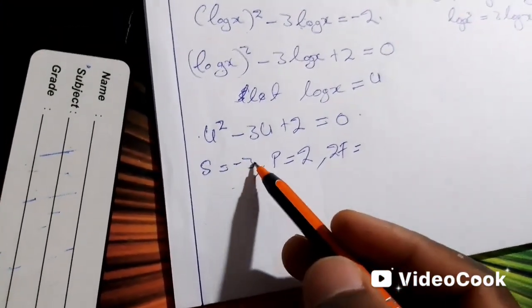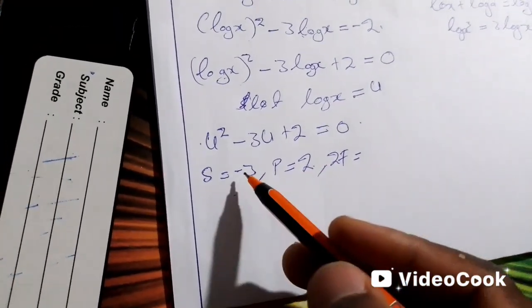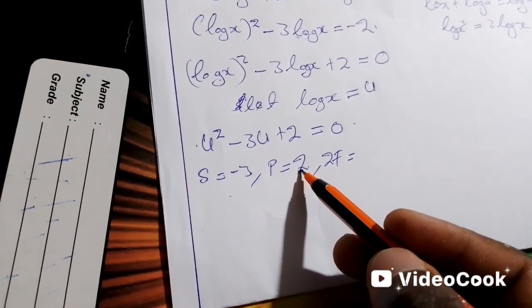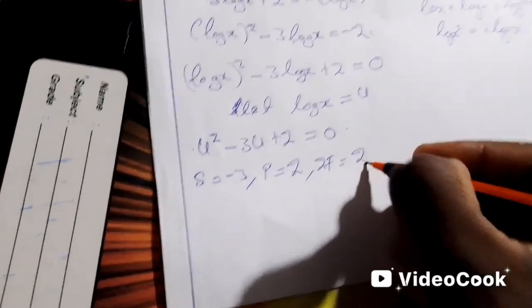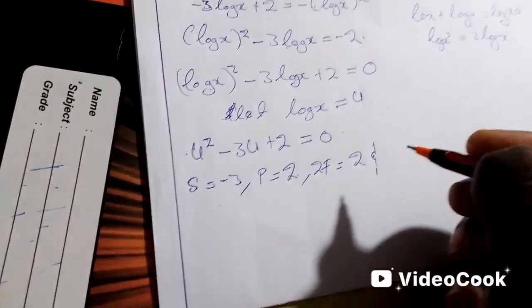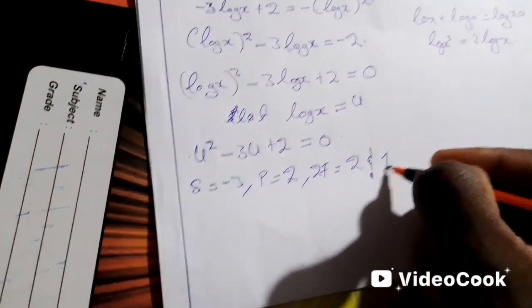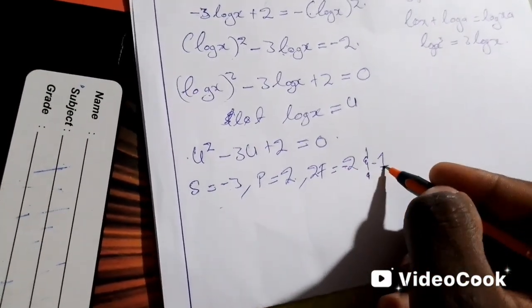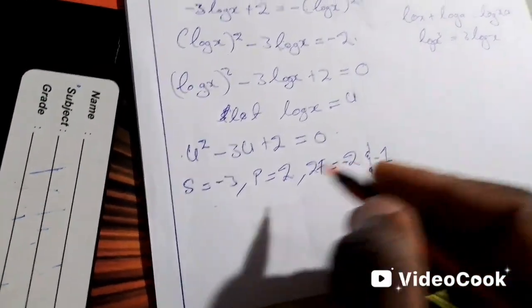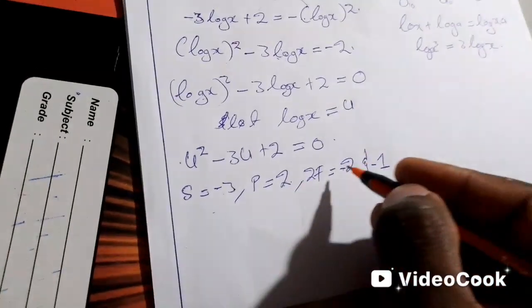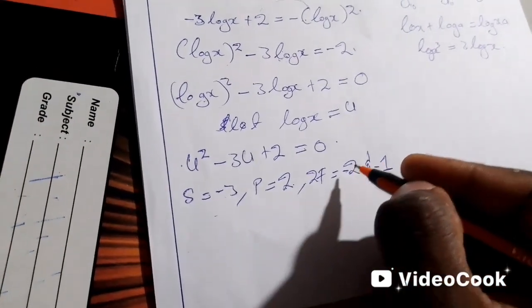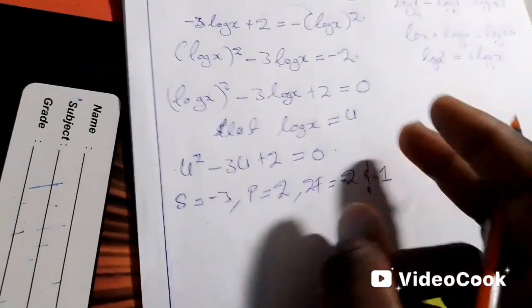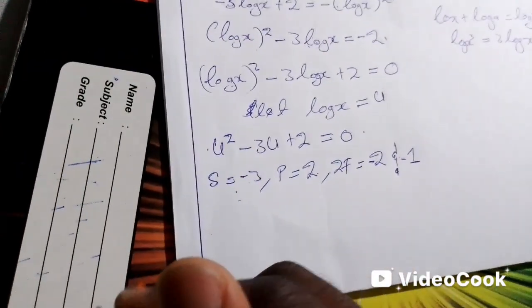I'm thinking of negative 2 and negative 1, which are both negative, because negative 2 times negative 1 gives 2, and when you add them, since they have the same sign, they add and maintain the sign, which is negative 3.